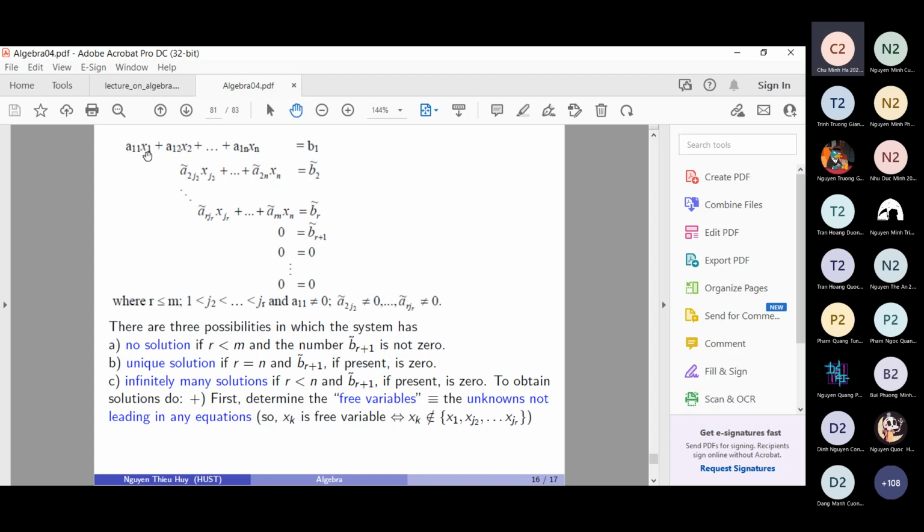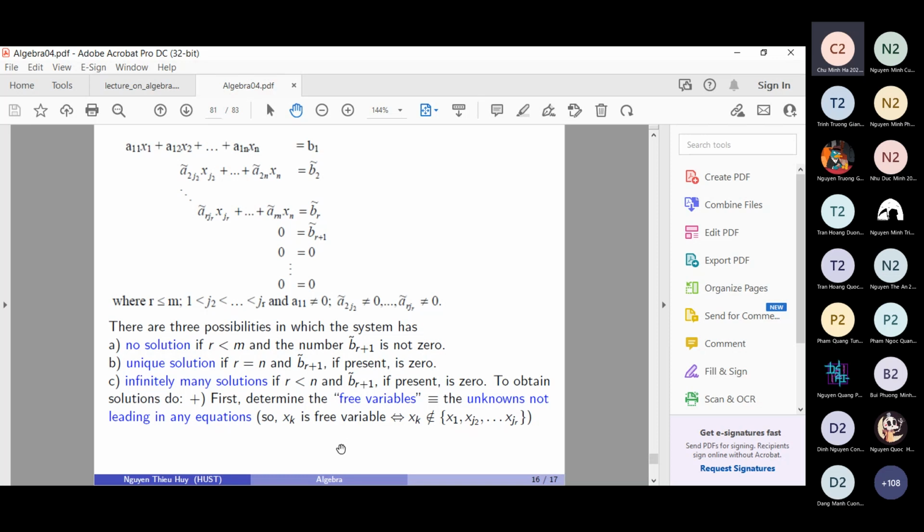So this is not x1, not x j2, and so on. So x k is a free variable if and only if x k is not in the set of these leading terms. The unknowns which are not leading in any equation are free variables.